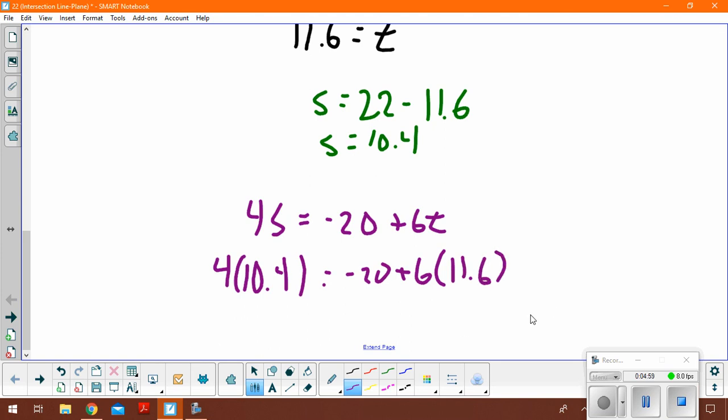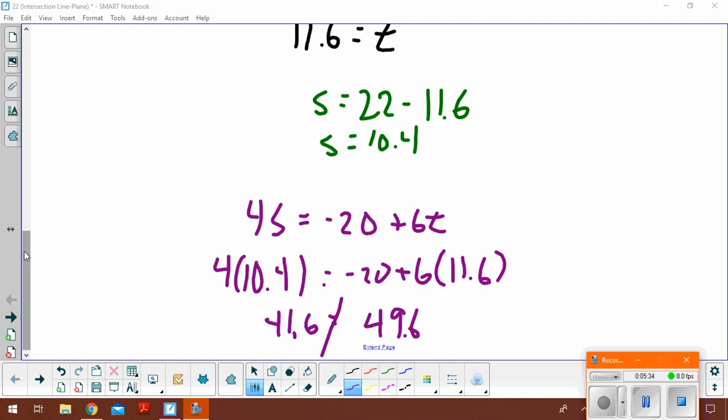So 4 times 10.4 is 41.6, and that equals 49.6. Those don't equal, so therefore these two lines do not intersect.